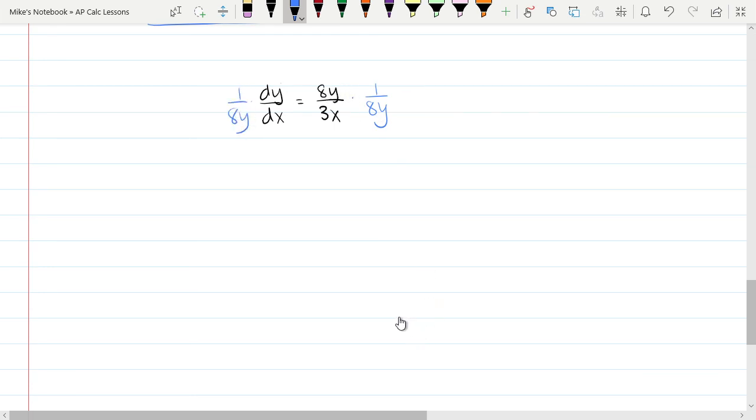But I'm telling you right now that you're actually much better off letting constants stay where they are on the x side if possible. So if you're just multiplying 8 with a y, there is no reason to move the 8. You are much better off leaving the 8 with the right side and just multiplying by a 1 over y. Because then you end up with a 1 over y dy equals 8/3 times 1 over x dx.